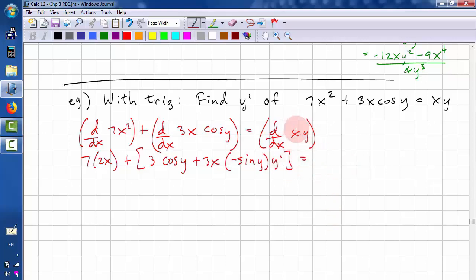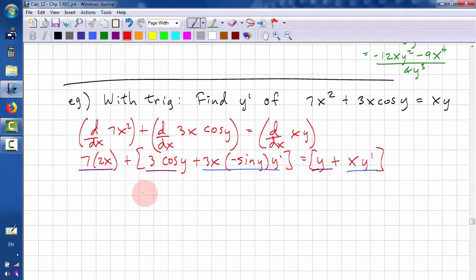Okay, the derivative of x is just 1, so we have y. And then we have x, and the derivative of y is just y prime. Okay, so that's another product rule. Collect the y prime terms on the left-hand side, put everything else on the right-hand side.